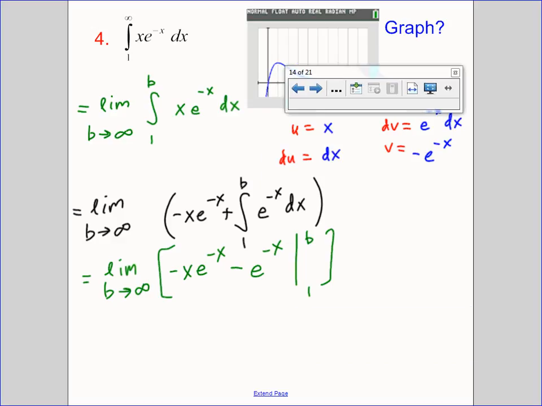You bet your boots. Let's keep this as the limit as b goes to infinity one more time. And now let's plug our upper limit all the way through.